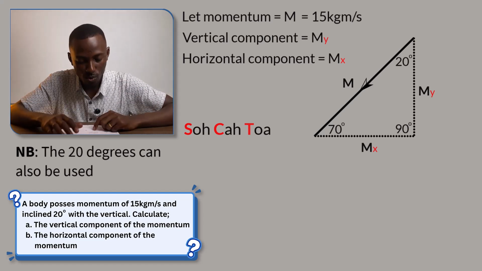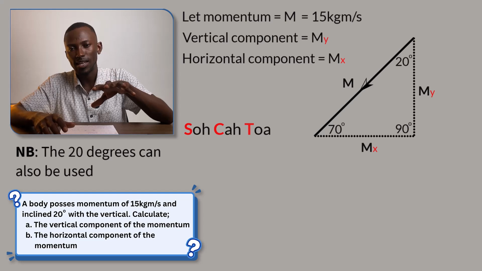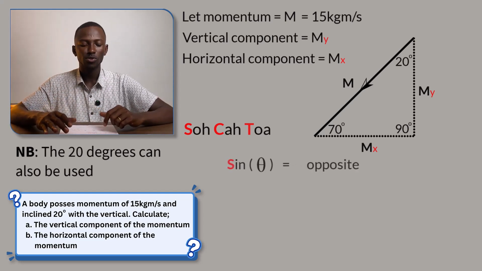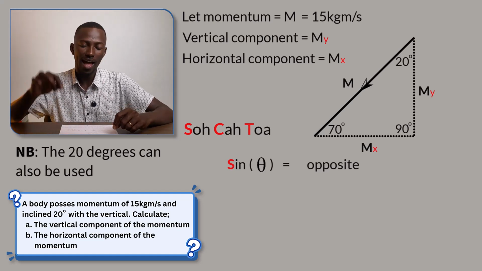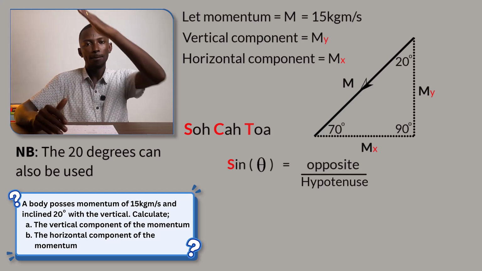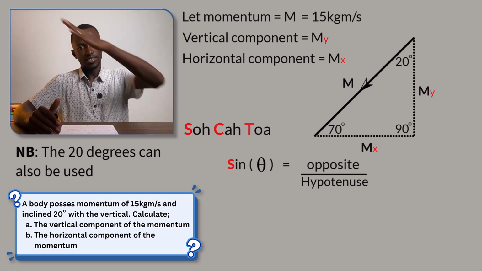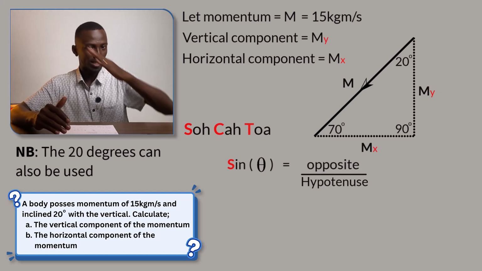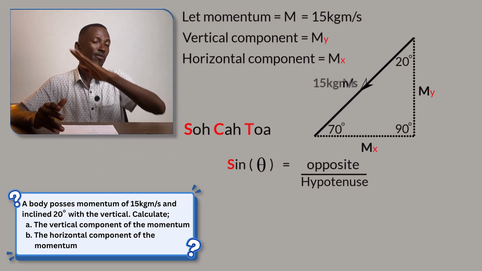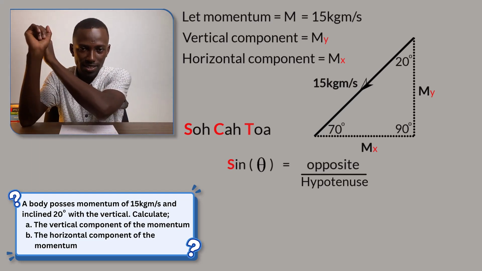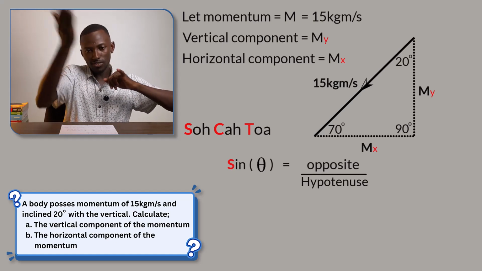We are not going to spend so much time on the trig ratios because there's a lesson already on that. In this question, you're going to use sine theta equals opposite over hypotenuse. The hypotenuse is the inclined one, which is the momentum that has been given: 15 kilogram meter per second. We know the angle, which is 70 degrees, and the hypotenuse is 15.